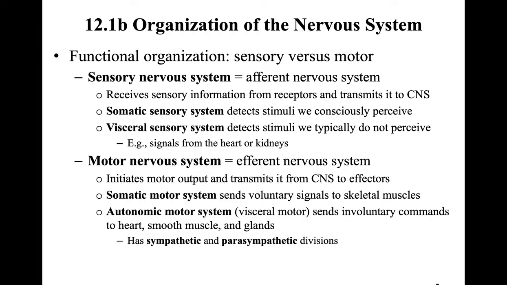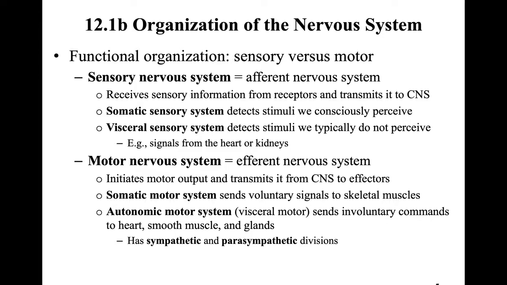Now, efferent is coming from the brain, from the spinal cord. Okay? So motor is coming from the brain, from the spinal cord. Now in this case here we see other words at the bottom. Somatic. Somatic refers to voluntary movement, such as skeletal muscles.